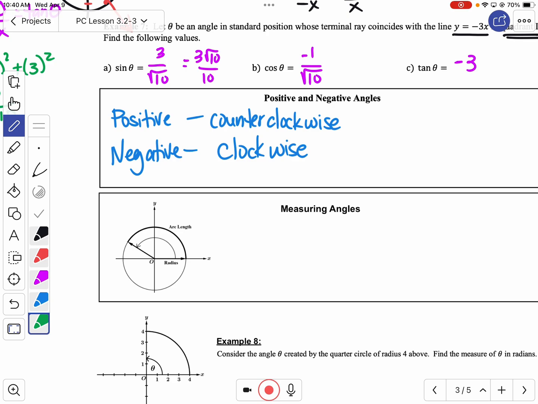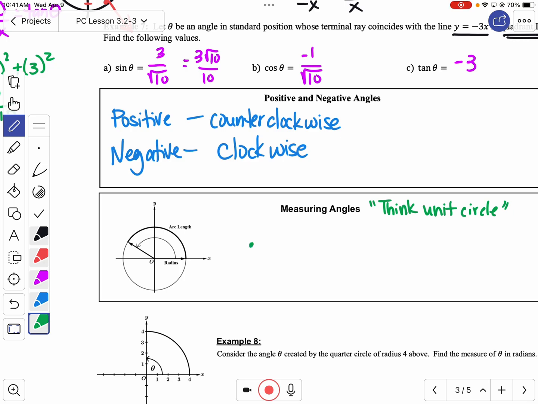The next thing they're going to ask me to do is to actually measure some angles. What we're going to do is think unit circle for this, and by that it means we're going to ignore the radius. It's not going to be important to us.